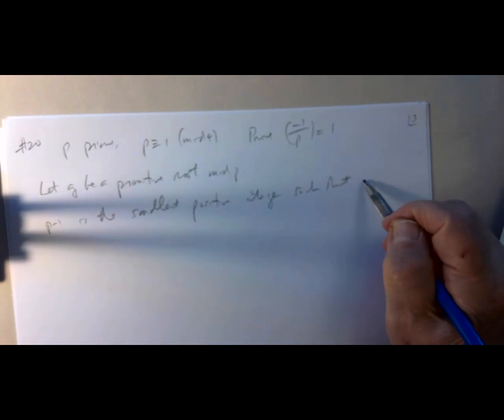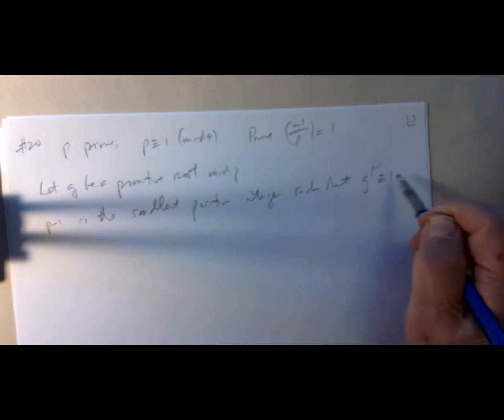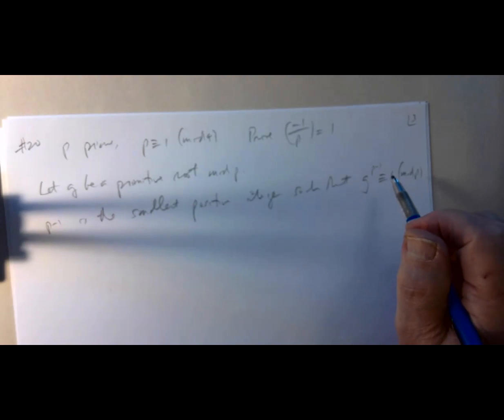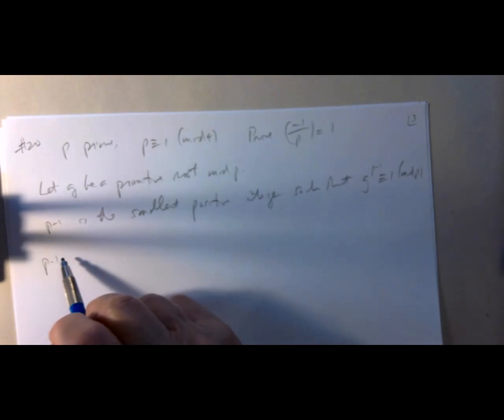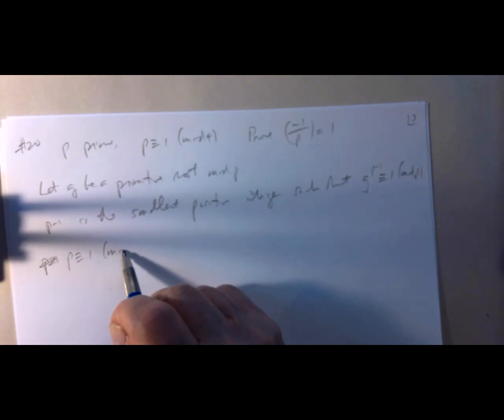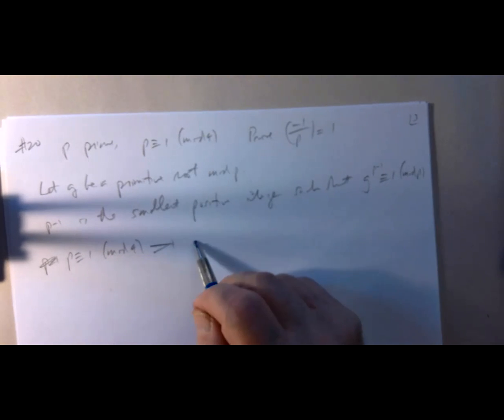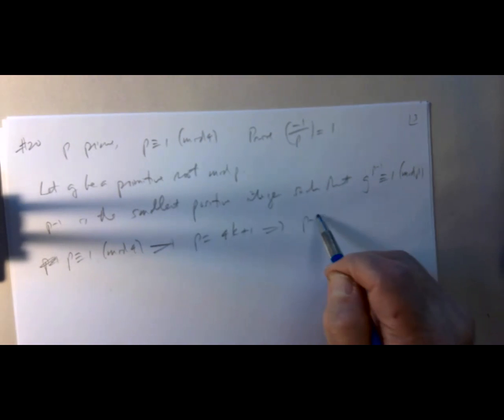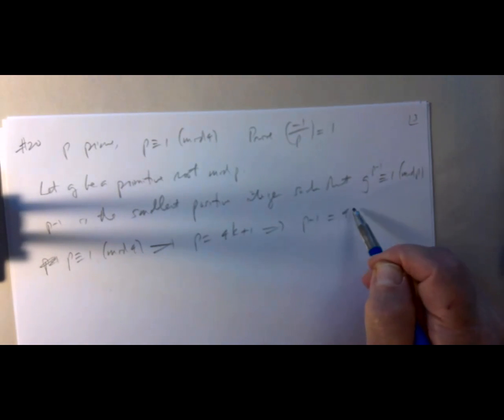Such that G to the P minus 1 is congruent to 1 mod P. Now, if P is congruent to 1 mod 4, that means P is an integer of the form 4K plus 1, which means P minus 1 is 4K, which means P minus 1 over 2 is 2K.